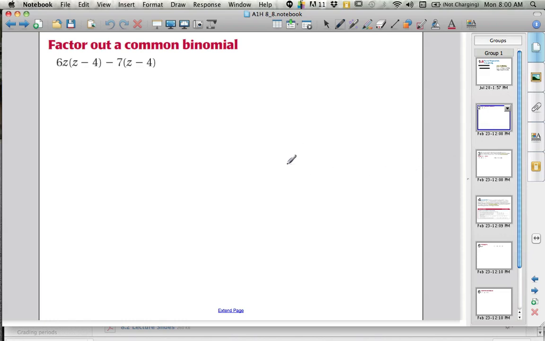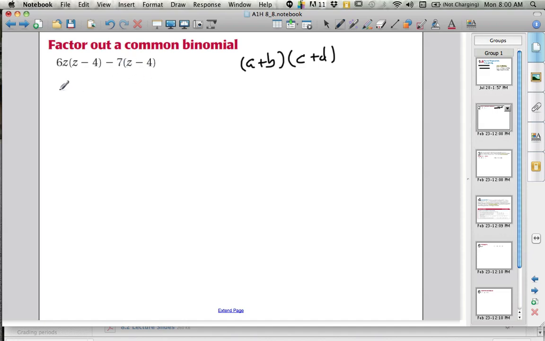So one thing that can happen when we're working with grouping is basically taking the concept of the distributive property and using it, I like to say, backwards in order to factor. And what happens is midway through grouping, it looks like this, where you can see I have 6z times z minus 4 minus 7 times z minus 4.